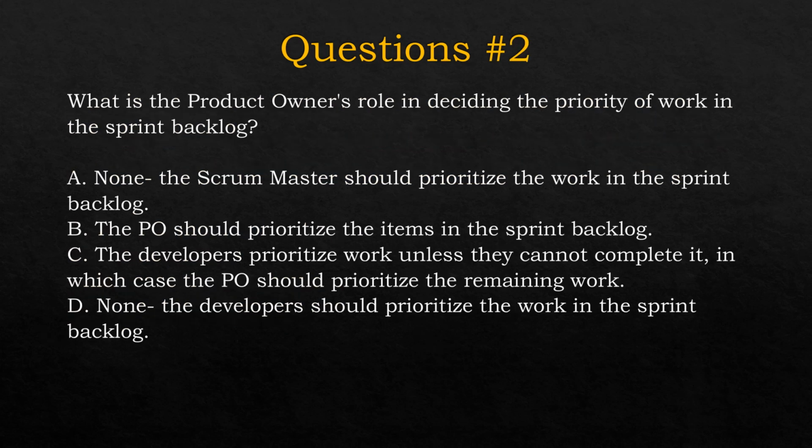Question number 2. What is the product owner's role in deciding the priority of work in the sprint backlog? I'll give you 15 seconds to think, then we will choose the right answer.